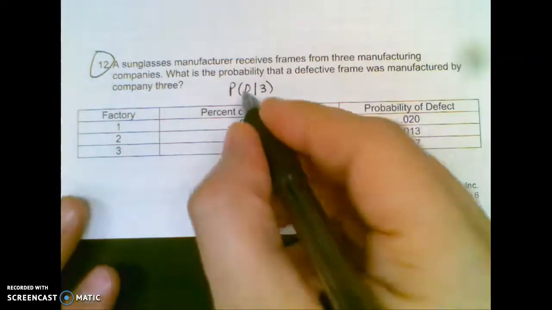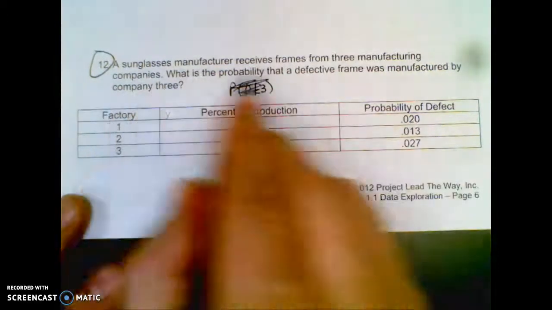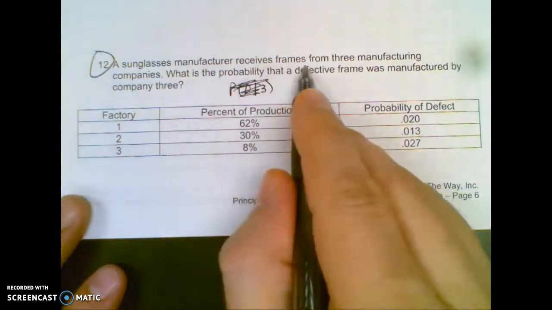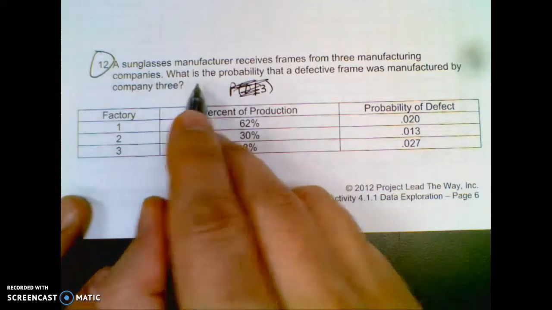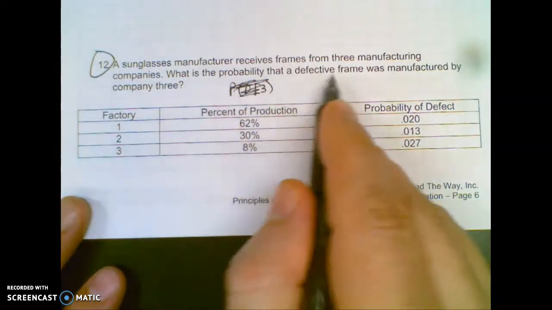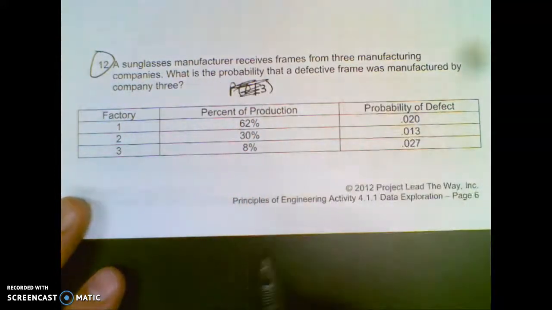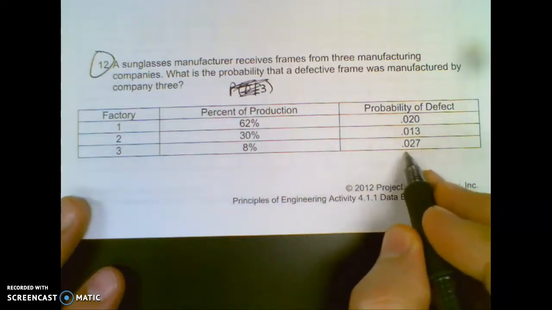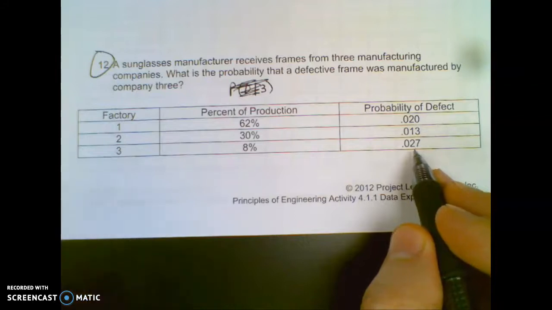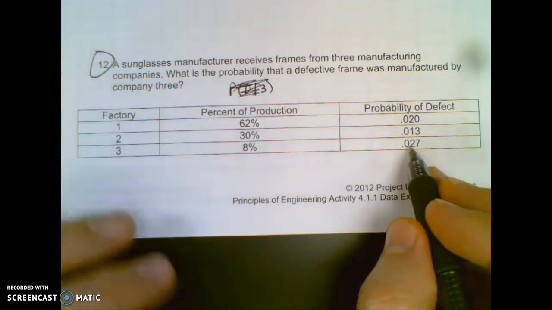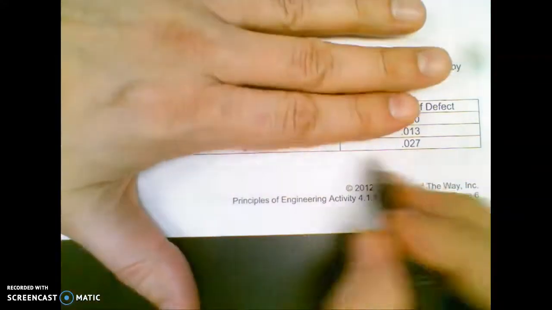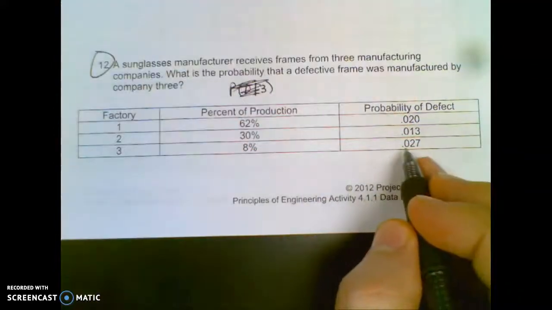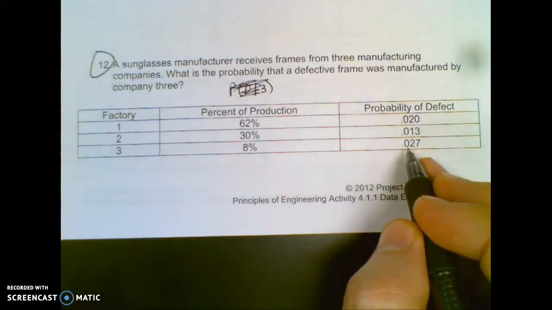Alright, so in this one it says, okay, the manufacturer receives frames from 3 companies. What's the probability that a defective frame was manufactured by company 3? Well, you can't just say 27 or 0.27 or 2.7% because they don't make all the glasses. If they made 100% of the glasses, I would say it's about a 3% chance it came from them.